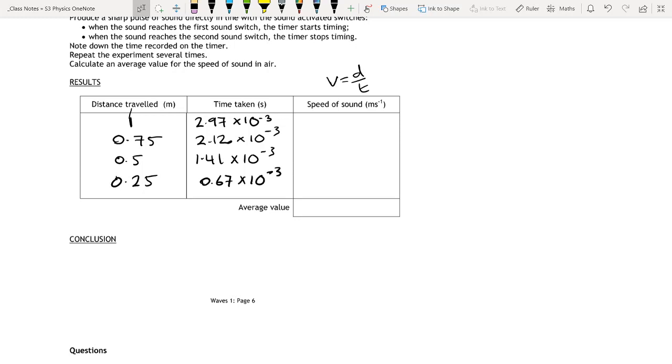You okay at the back? Okay, so you're working out the speeds?